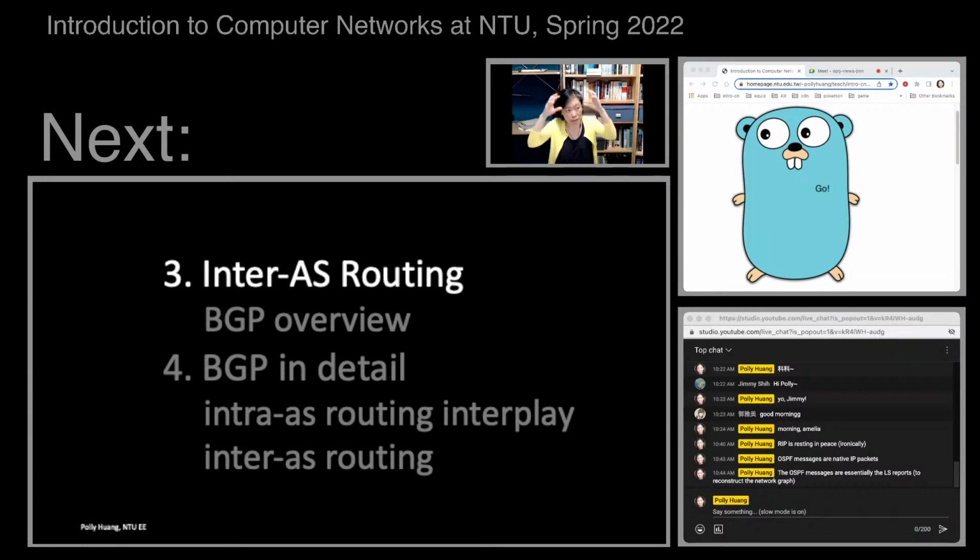So BGP being the inter-AS routing, individual routers sitting down below will still need to know all these paths. So BGP not only propagates the path vectors, receiving path vectors and updating to find a better route, it also propagates these AS paths to the internal routers within an AS. So that's something that BGP does in extra.